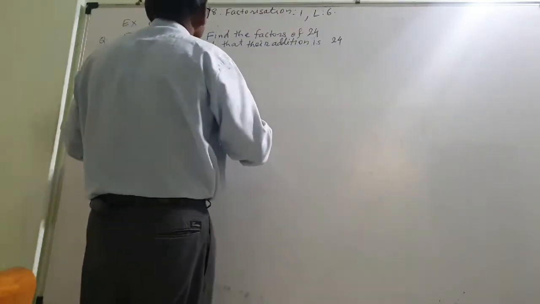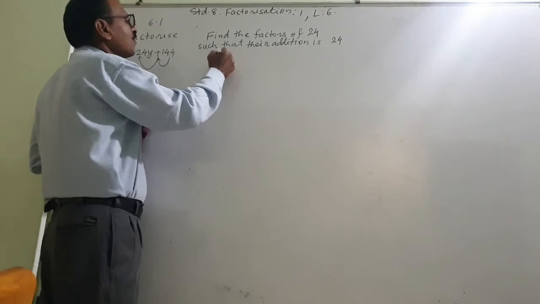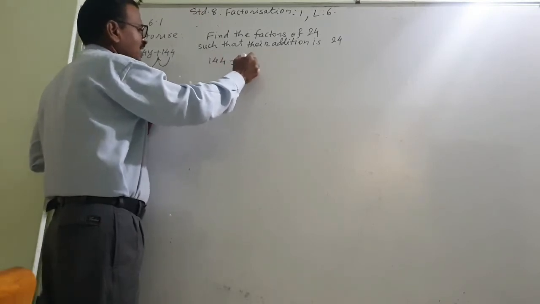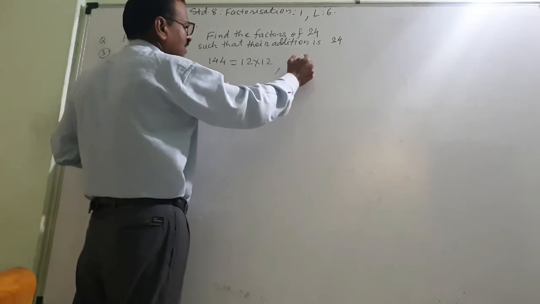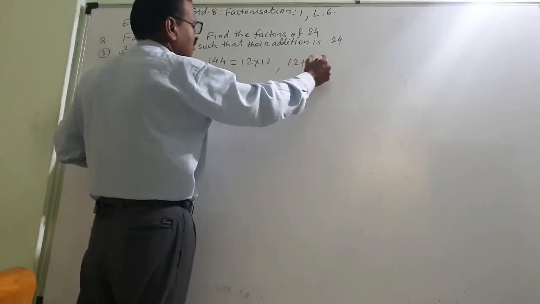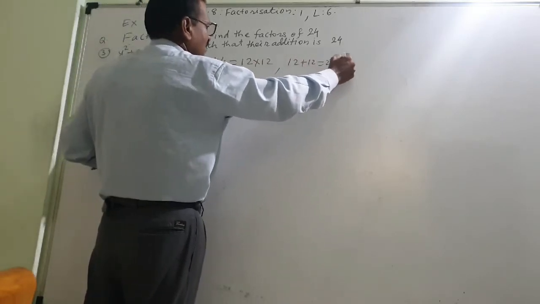Now 144 is nothing but 12 into 12, and 12 plus 12 is equal to 24. So my work is over.